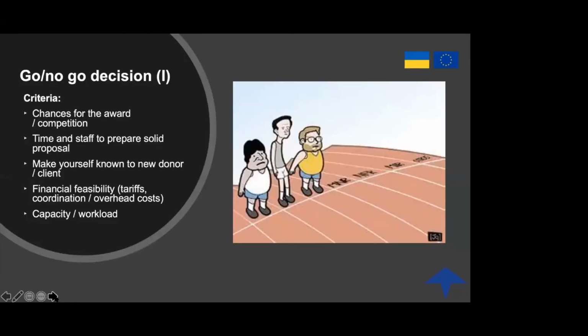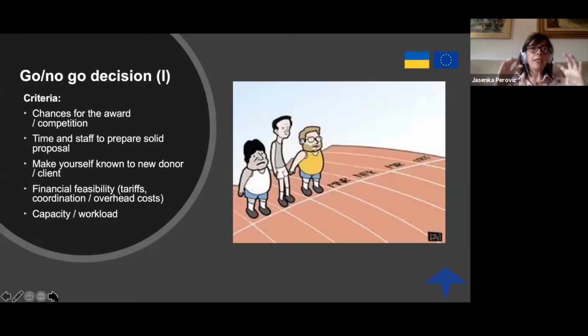Once you have the initial project idea, you can look through these criteria and see if they help you in assessing whether or not you should proceed with this call for proposal. First of all, think of the chances of being awarded with this call. What is your competition?